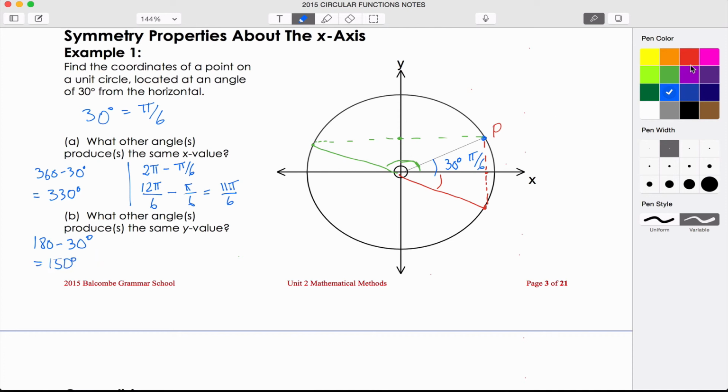In radians, this 180 over here is pi radians. Pi minus pi over 6. And we said before, pi is 6 pi over 6. 6 pi over 6 minus pi over 6 is 5 pi over 6. So that's our radians value of this angle.